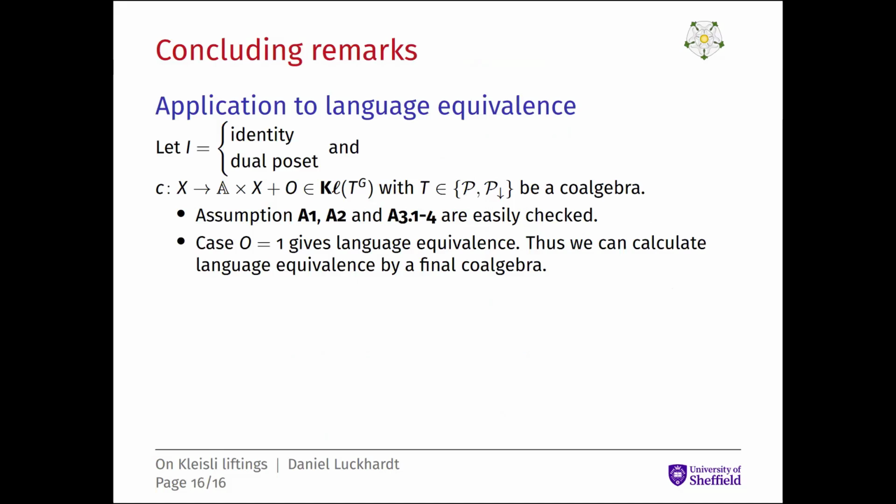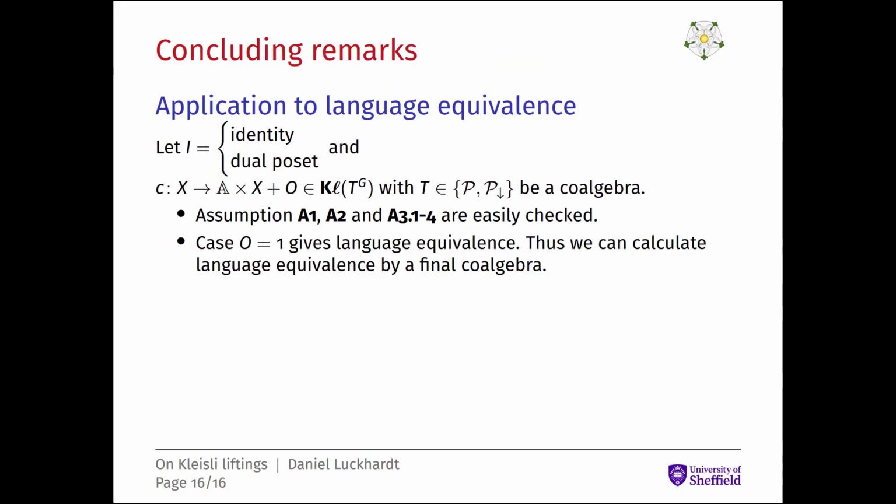Okay, so perhaps some concluding remarks now. We were able to treat both the Set case and the POS case in advance by introducing this functor I and some list of axioms, and we were able to describe this machinery for the endofunctor.